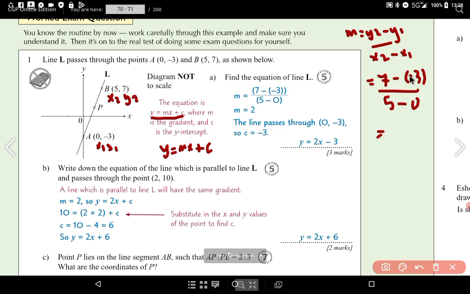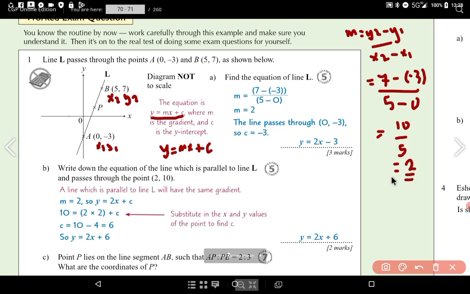Negative by negative is addition, so that will be 7 plus 3, that is 10, over 5 minus 0, that's 5. You get 2. So this is the gradient.